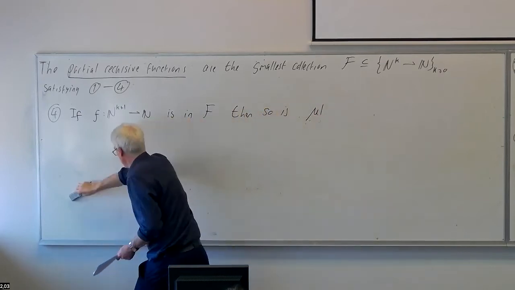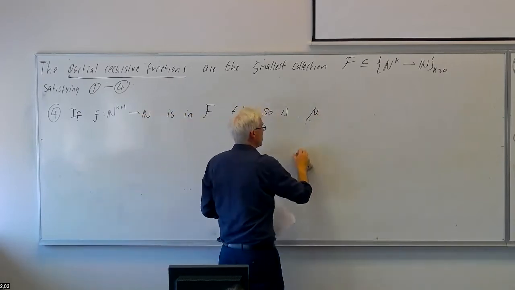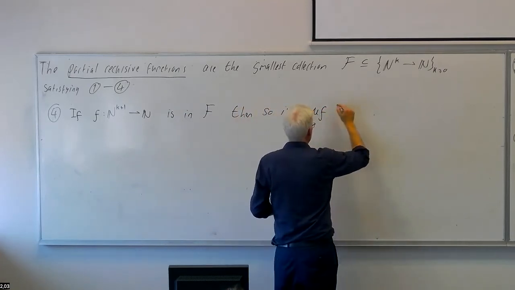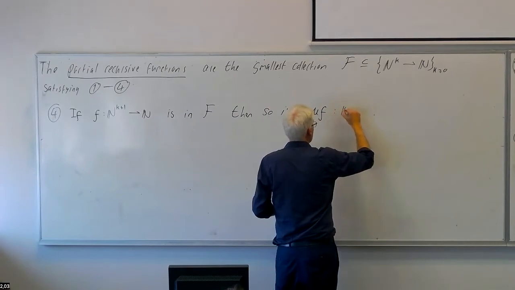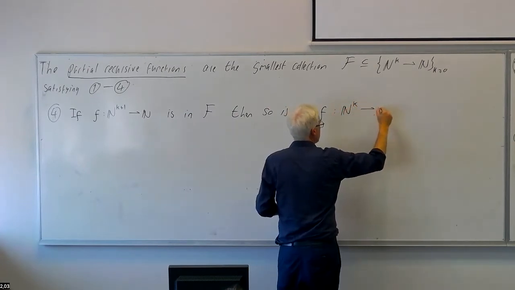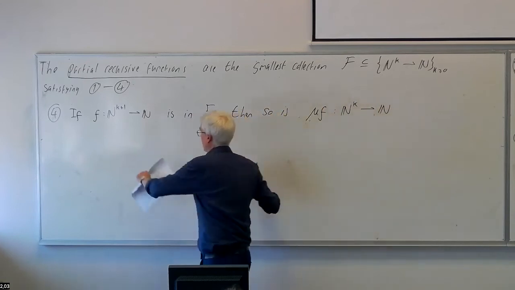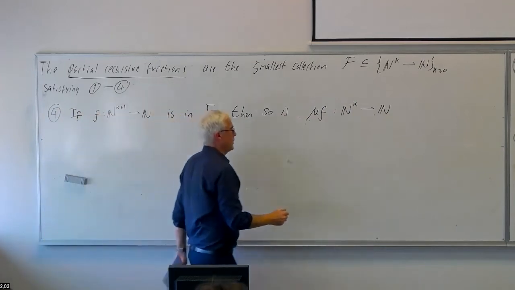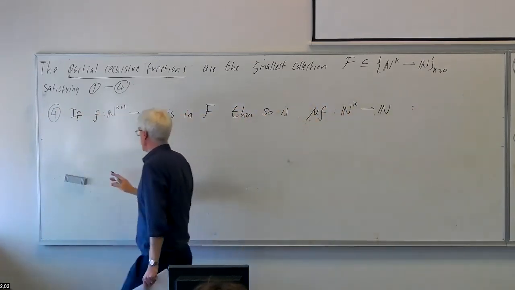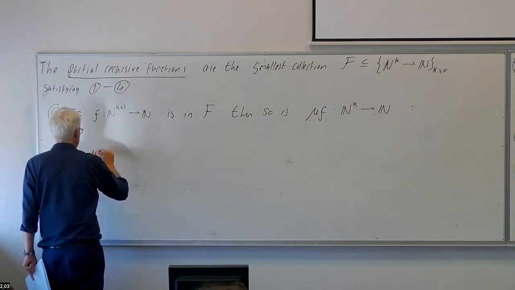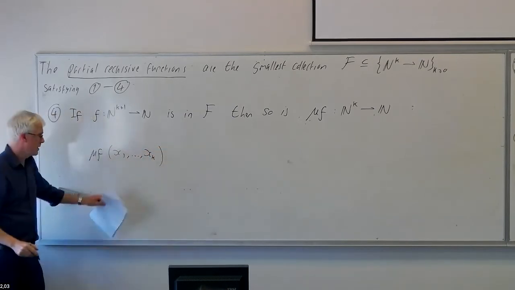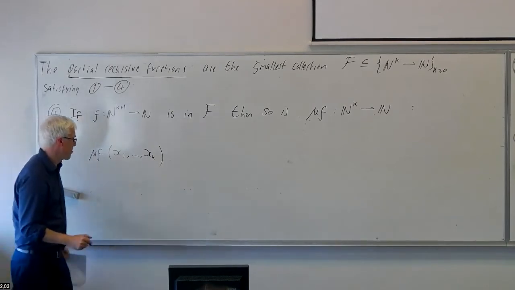This is my attempt at the Greek lowercase letter mu. So mu of f is a k argument partial function. So we're losing one of the arguments of f. Where mu of f is defined by, we need to say what mu of f does. It's a k argument partial function. We need to specify what it does on the arguments little x1 through to little xk.